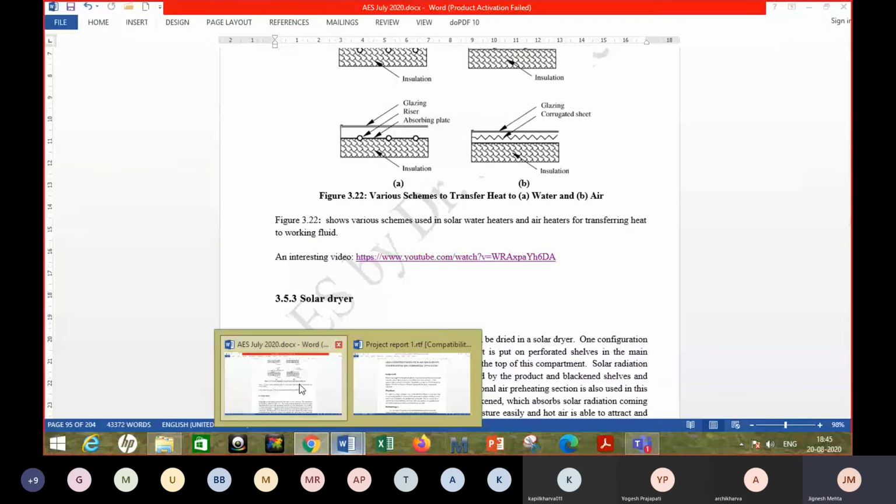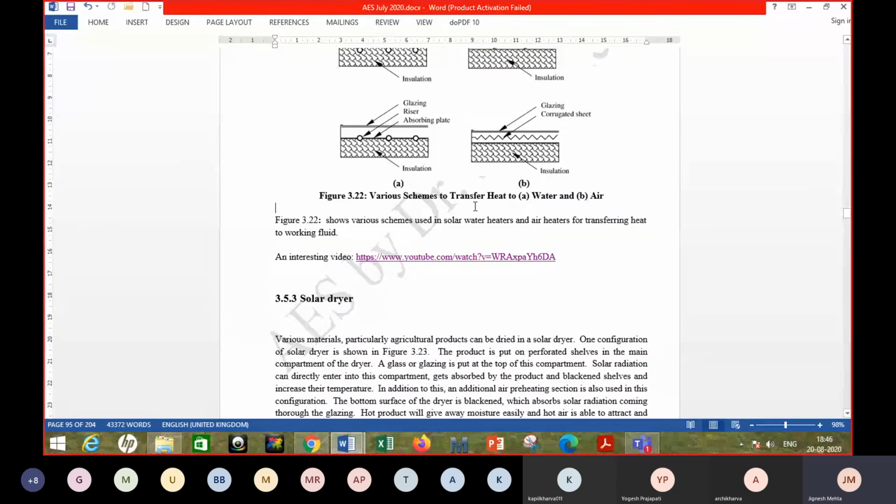Very simple looking air heater, and he could achieve more than 70 degrees Celsius temperature when the ambient was around 7 degrees Celsius. Of course, the airflow rate is something you have to look into, whether the given airflow rate is enough or not.